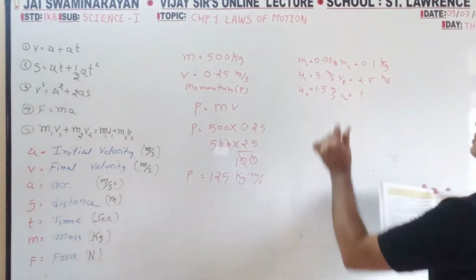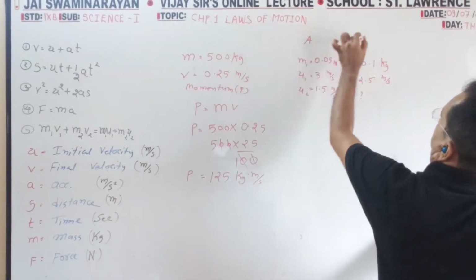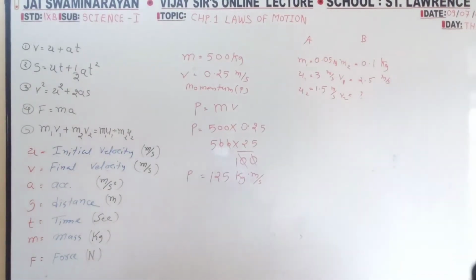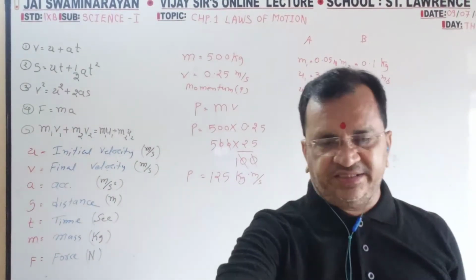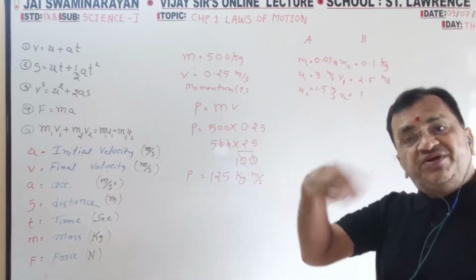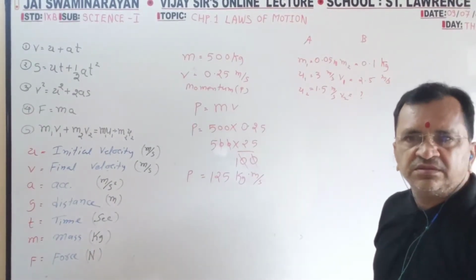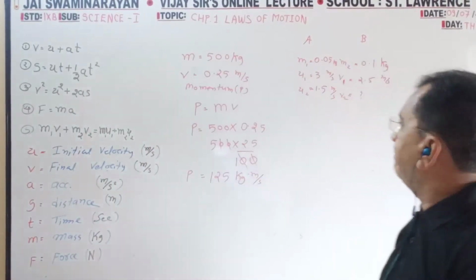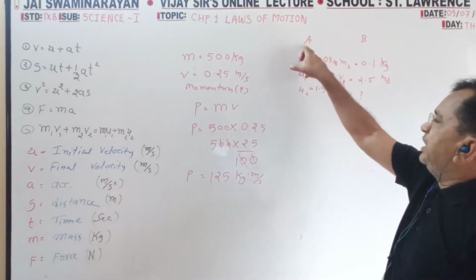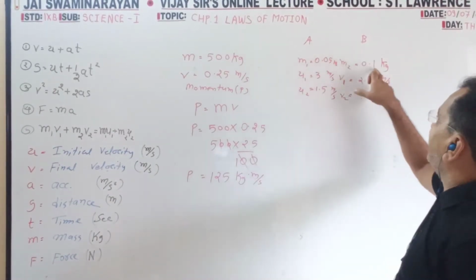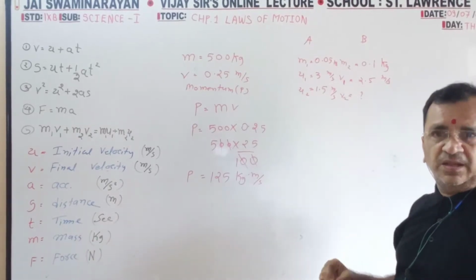Two balls, so that is A ball, B ball. Now try to understand what is exactly given. Two balls collide with each other of different mass. A ball's mass is 0.05 kg, B ball's mass is 0.1 kg.